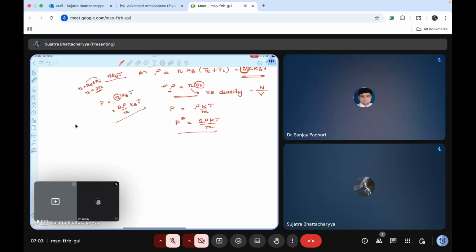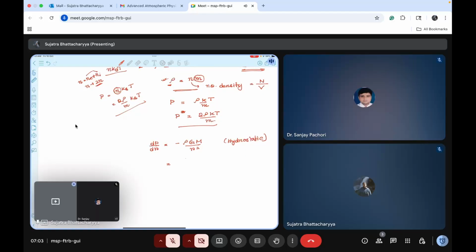Okay. Next, you have dp/dr, which is equal to minus rho GM divided by r squared. This is your hydrostatic approximation. Now, can we write rho from here as m p divided by 2 kT?